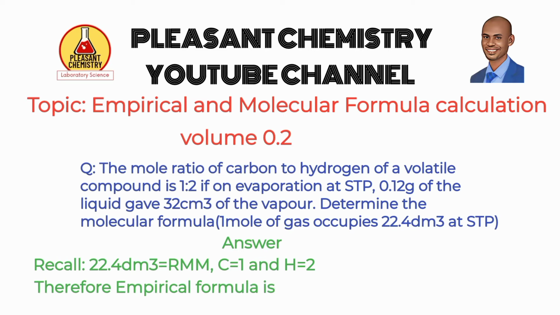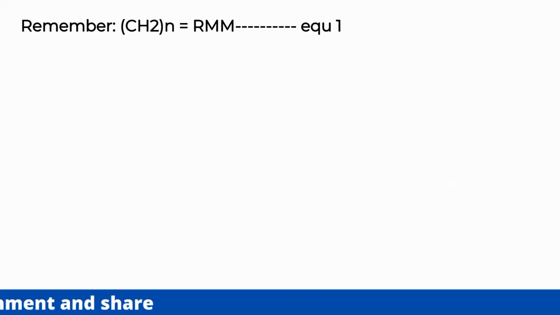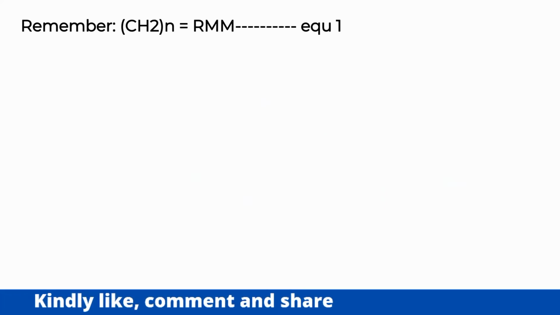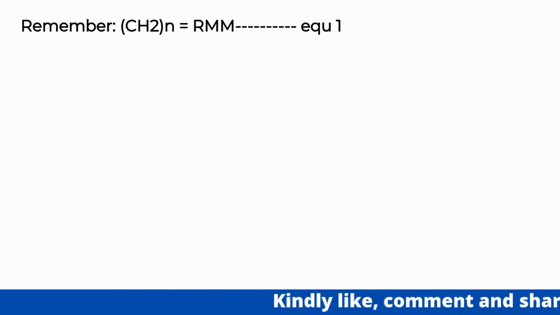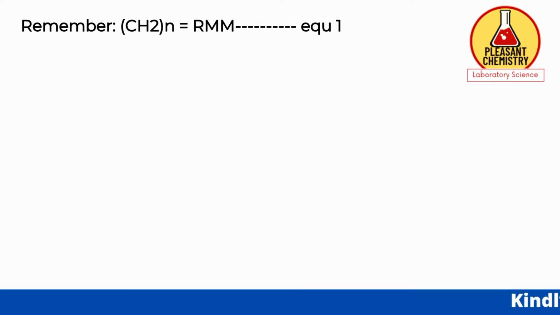Now, according to the question, the mole ratio of carbon is 1 and the mole ratio of hydrogen is 2. Therefore, we have the empirical formula to be CH2. Now remember, (CH2)n is equal to RMM. That's our equation 1. In that equation 1, CH2 is the empirical formula.